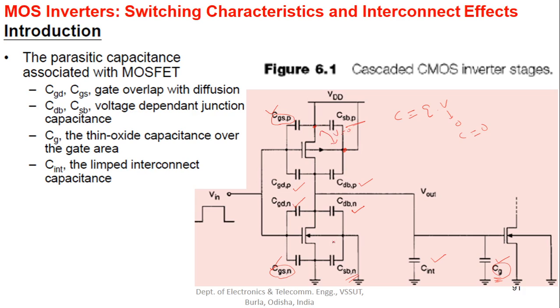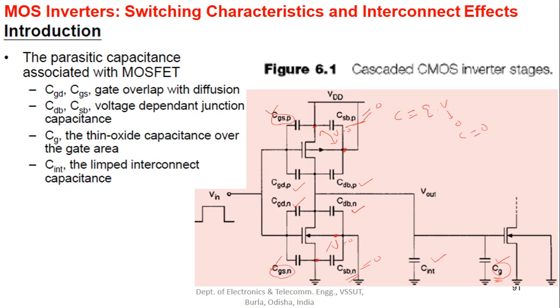Similarly for the NMOSFET, the voltage difference between source and body is again 0. So in effect, CSBP and CSBN will be equal to 0, and will not have an impact on the analysis of our circuit.